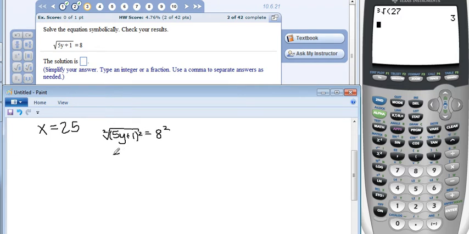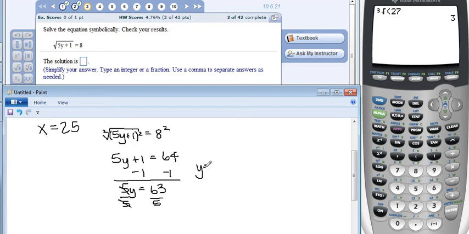So this becomes just 5y plus 1. 8 squared is 64. Now I've got this nice linear equation that's super easy to solve, right? I would subtract 1 across, so we have 5y is equal to 63. And then I would divide through by 5. So y is equal to 63 fifths.